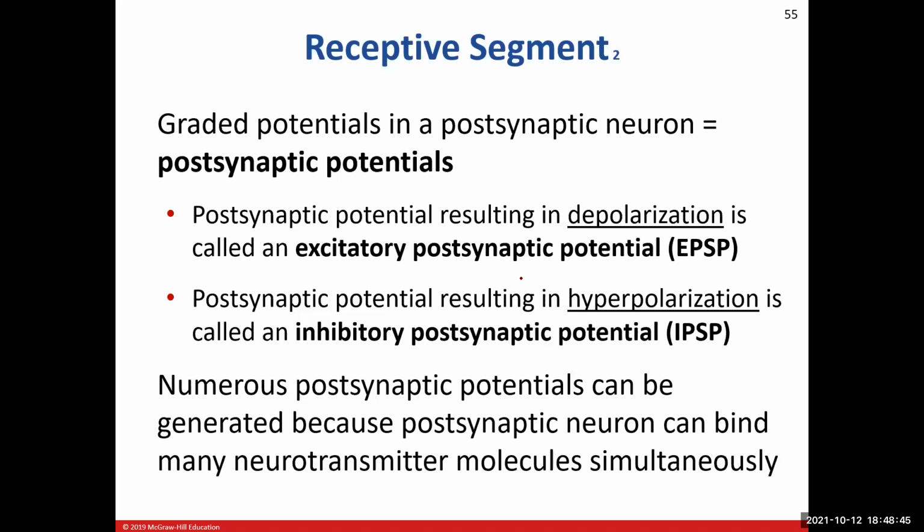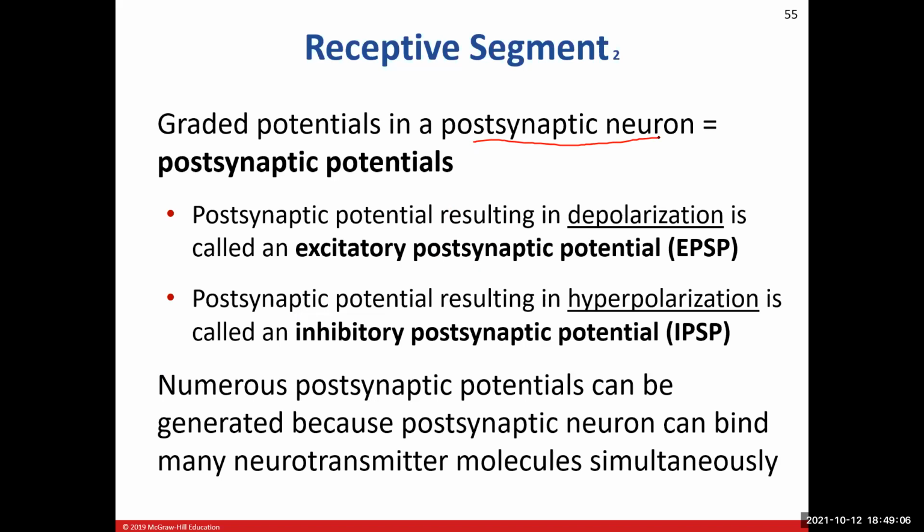Okay, so the receptive segment, our dendrites and our soma, cell body, this occurs here on the postsynaptic neuron. The presynaptic neuron is going to be the one that releases the neurotransmitter onto the postsynaptic neuron.